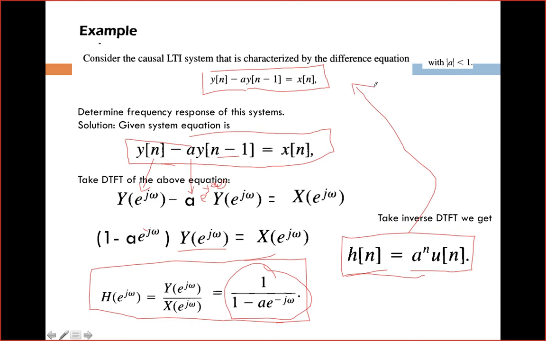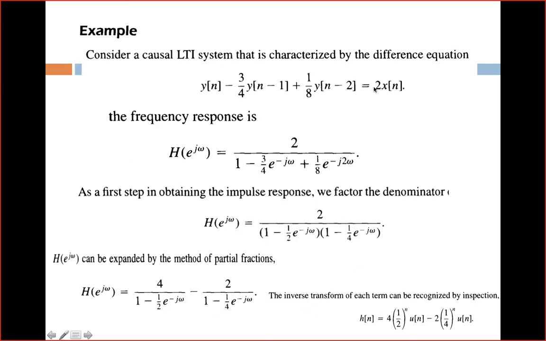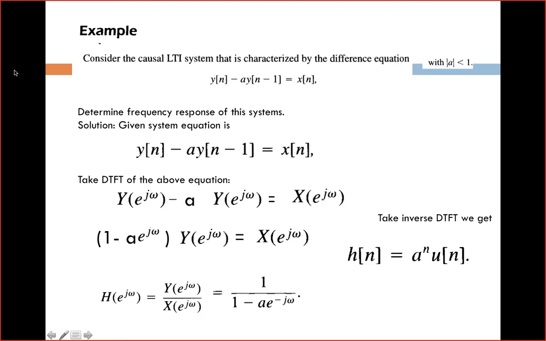Now it's very simple to draw the response of this particular transfer function, because we have discussed this in the previous class. I want you to refer to the same set of problems we discussed in DTFT and draw the plot. The inverse DTFT in this case is h of n is equal to a power n into u of n.